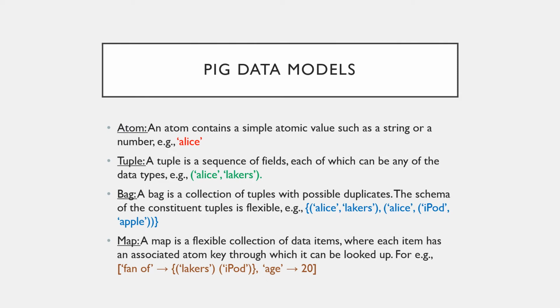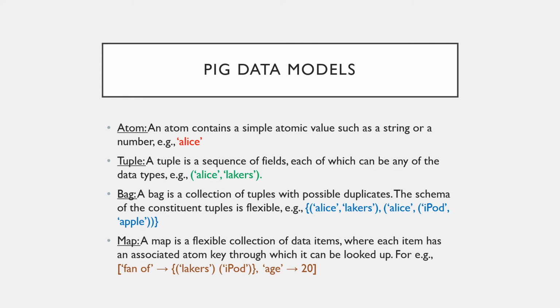Now the next data model which we have is map. Maps are very flexible and we can do mapping with them. What that means is you have key value pairs like in a Python dictionary or something. We can have key value pairs, and the first key is typically atomic in nature.